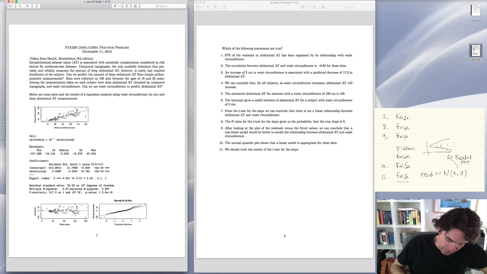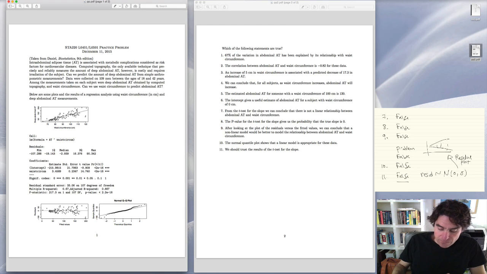And finally, the 11th one: we should trust the results of the t-test for the slope. That's false. The t-test for the slope assumes that the residuals are normally distributed and have a constant variance. In other words, that the residuals have a normal distribution with mean 0 and standard deviation sigma.